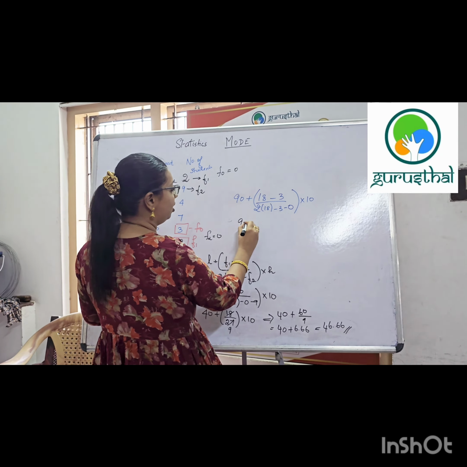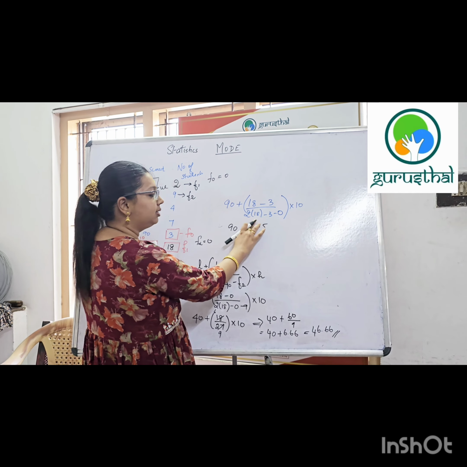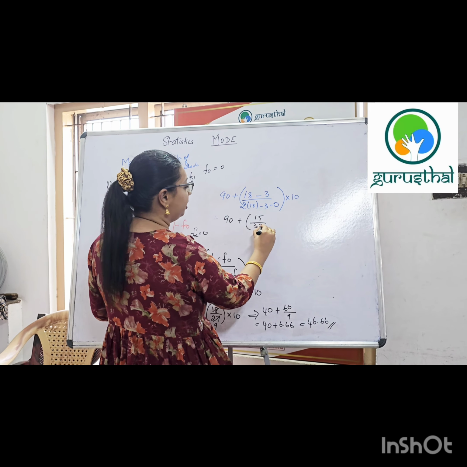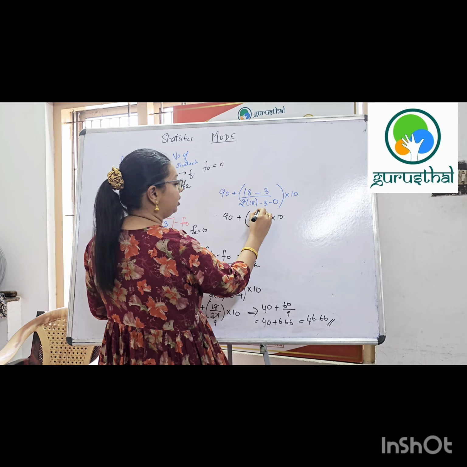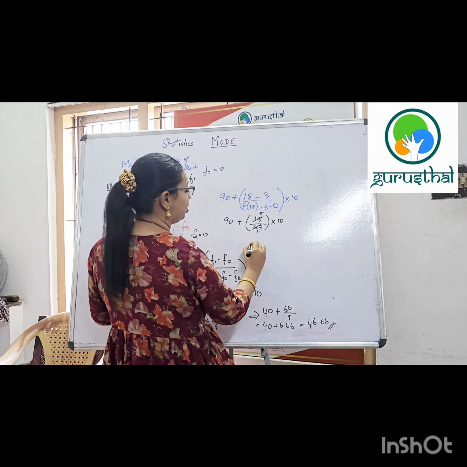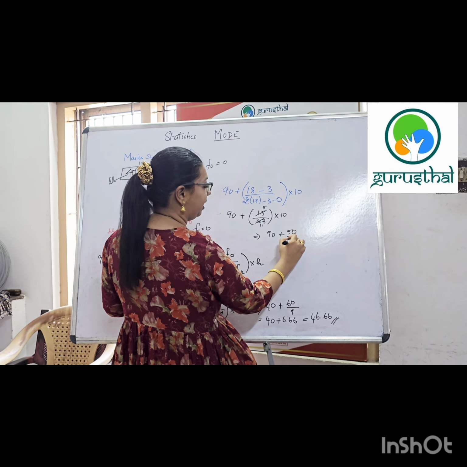When I further solve it, 18 minus 3 is 15, 2 times 18 is 36, 36 minus 3 is 33, into 10. When I cancel in the 3 table, 3 5s are 15 and 3 11s are 33, which implies 90 plus 5 times 10 is 50, divided by 11.